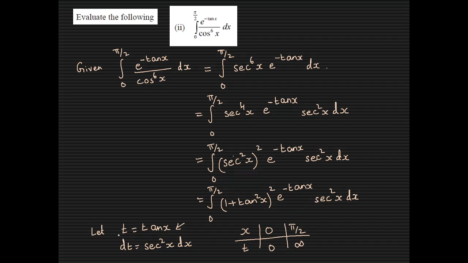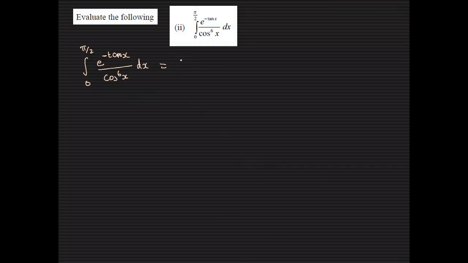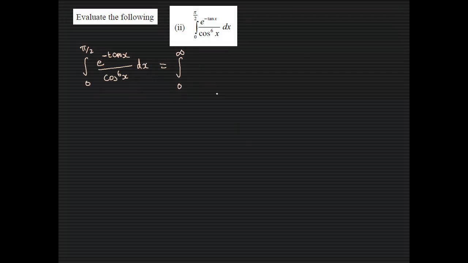Okay, so now we are going to substitute everything in this equation. So let us write the given integral 0 to pi by 2 e power minus tan x divided by cos power 6x into dx. This is our left hand side, and on the right hand side integral 0 to, for pi by 2 we are having infinity, so you put infinity.